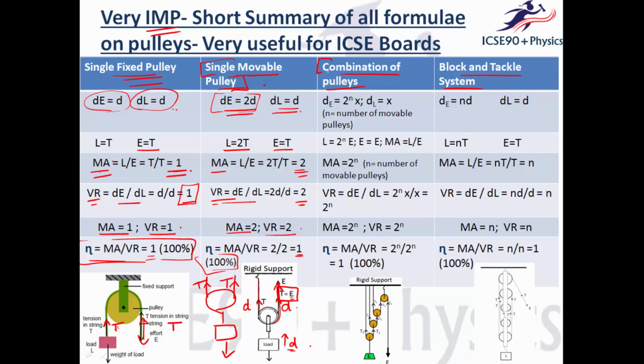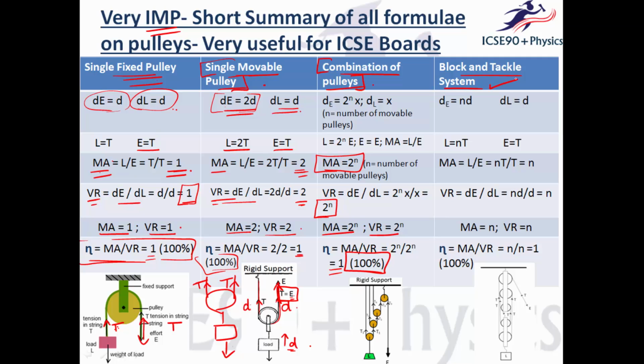Similarly, for a combination of pulleys, we've seen the mechanical advantage is 2 to the power n, and the velocity ratio again is 2 to the power n, and thus the efficiency, which is the ratio of mechanical advantage and velocity ratio, is nothing but 1 or 100%.